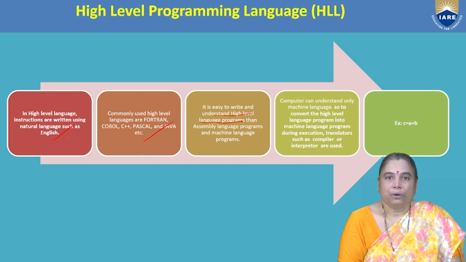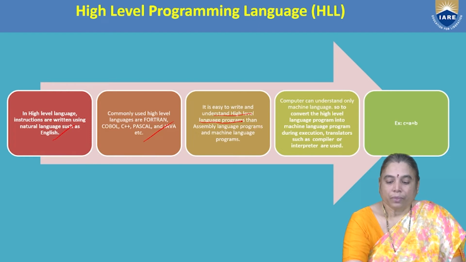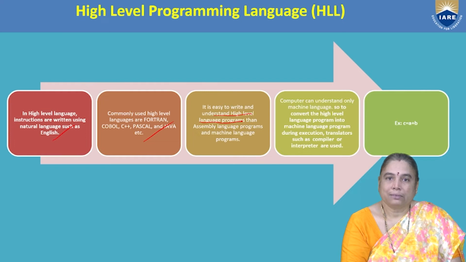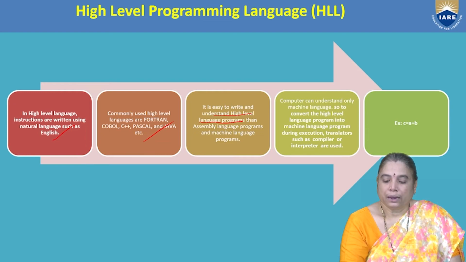So to code the program and to understand the program, it is very flexible for the user. When compared to low-level languages, machine language and assembly language, high-level language can be more easily understood by the users.